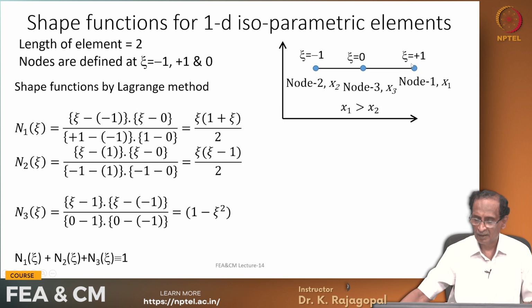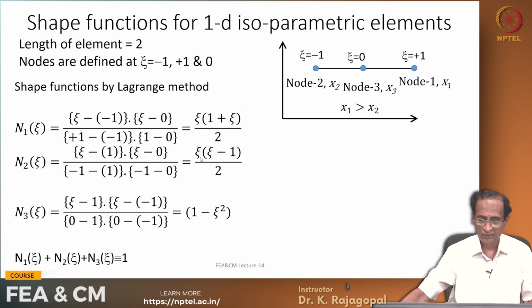See, the shape function at 1 is (xi minus of minus 1) times (xi minus 0) divided by (1 minus of minus 1) and divided by (1 minus 0). Okay. So, this comes to xi times (1 plus xi) by 2.